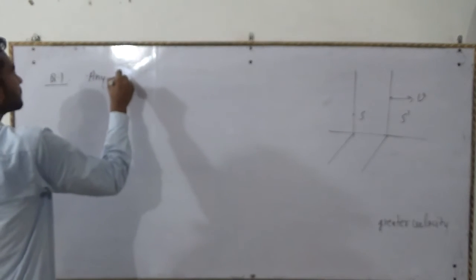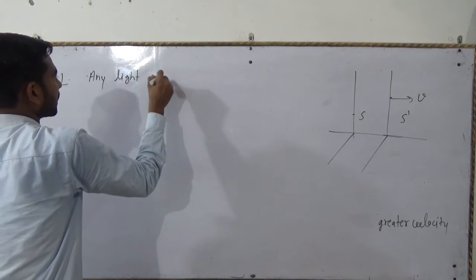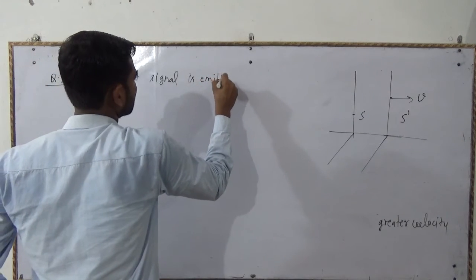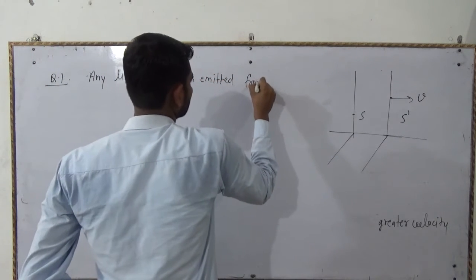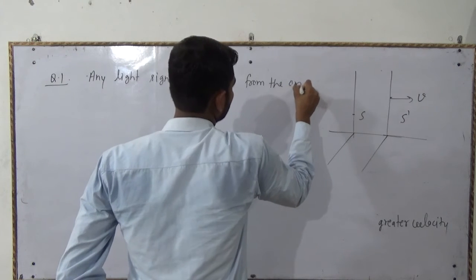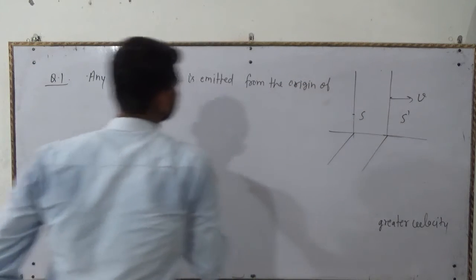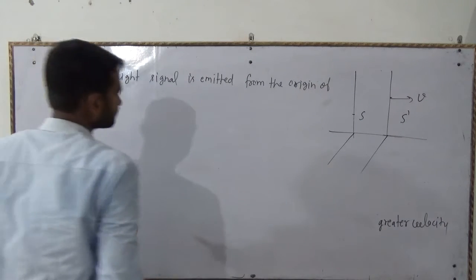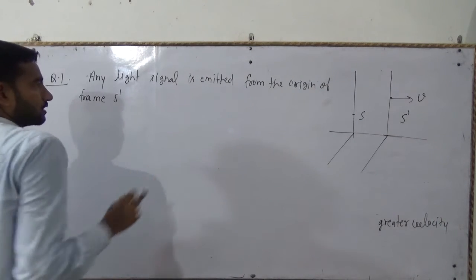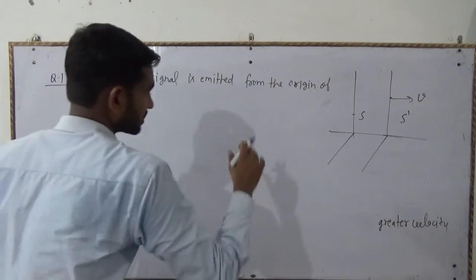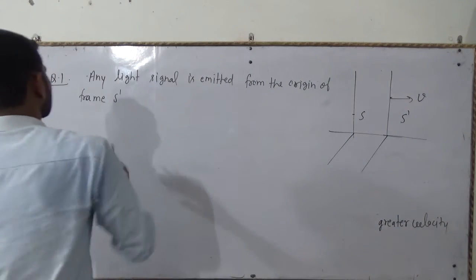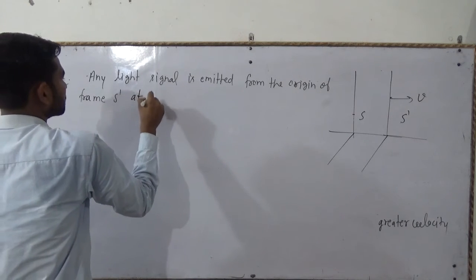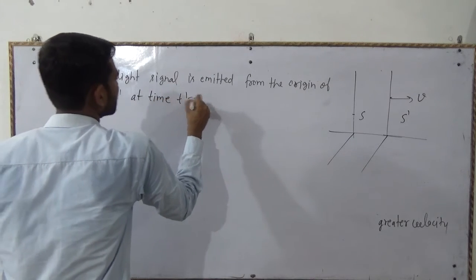Any light signal is emitted from the origin of frame S dash, here the origin will be O dash, at time t dash is equal to 0.